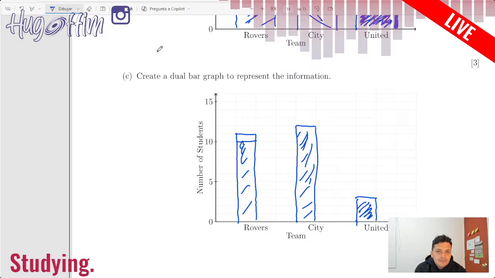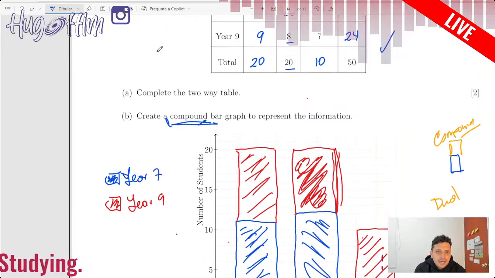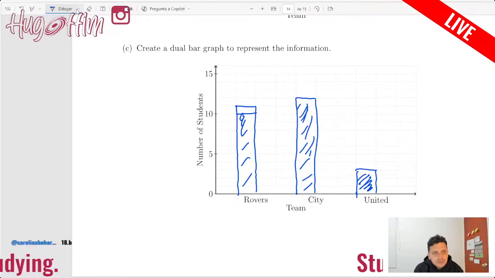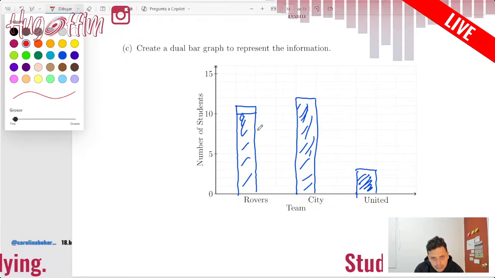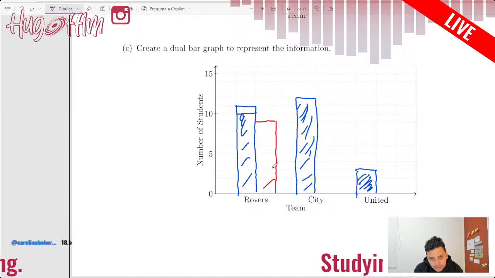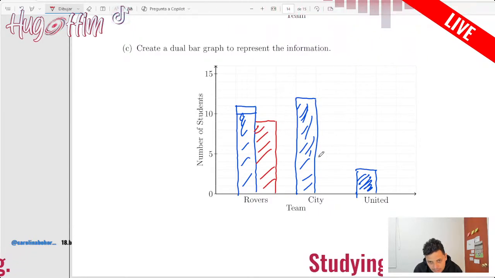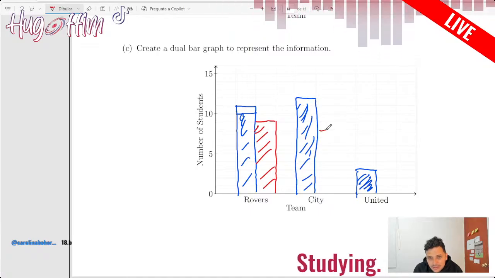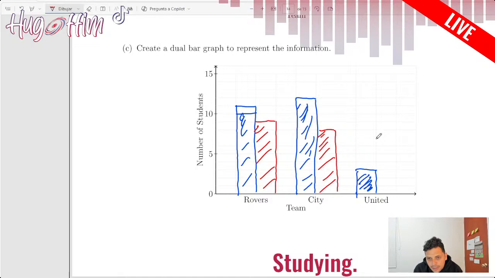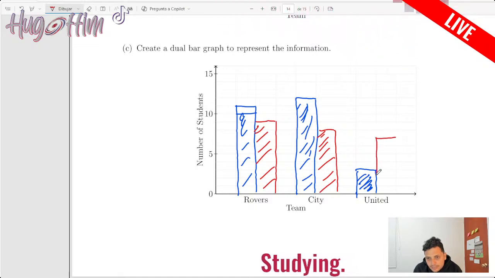Now, for year 9, it says 9, 8, 7. So 9. Going to do the line here in 9. Look at this, this is dual. 9. This is 8. And 7.